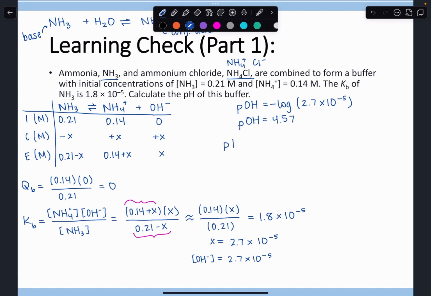That means pH is 14 minus 4.57. That is 9.43. And that's our final answer when asked about the pH of this buffer solution.